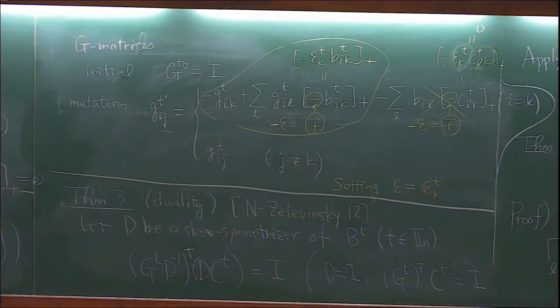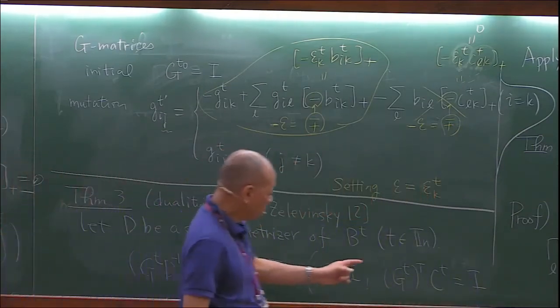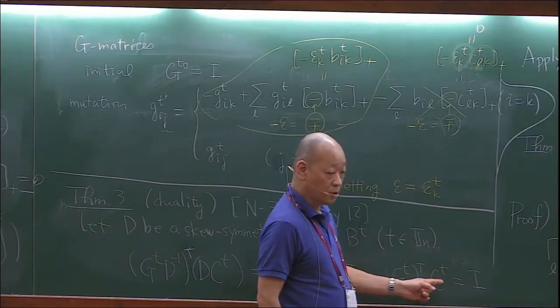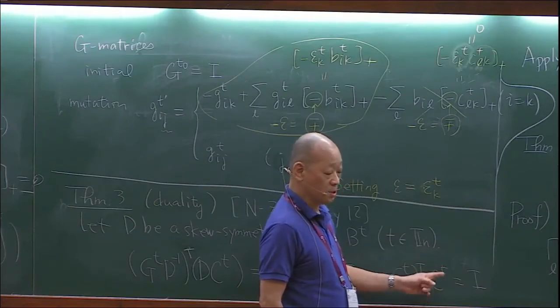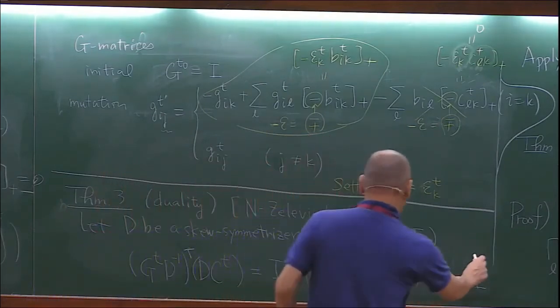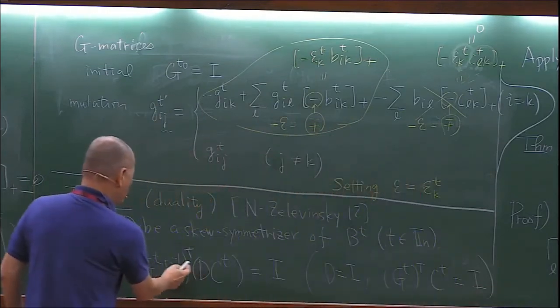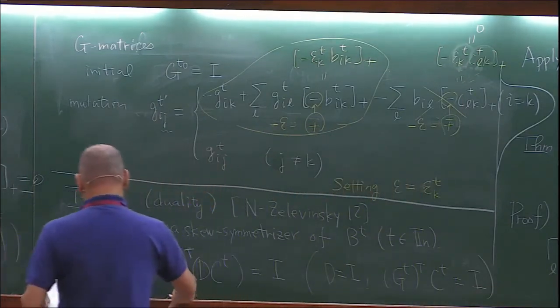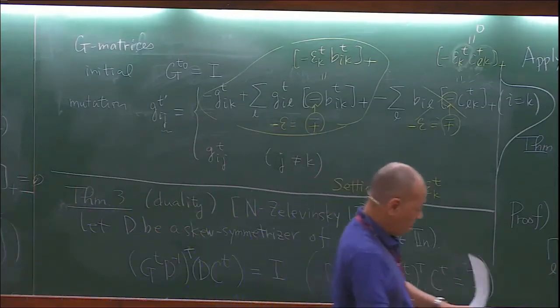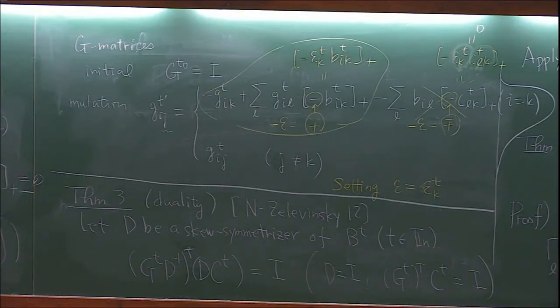In particular, it means the G matrix is completely determined by the C matrix. It's just the transpose of the inverse matrix. So our duality holds. And in a general case, you have some correction by this skew-symmetrizer. Okay, so I have proved my second subject.